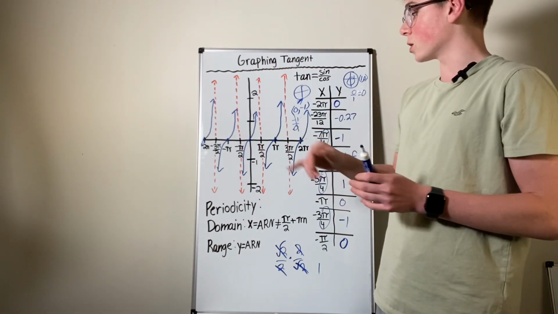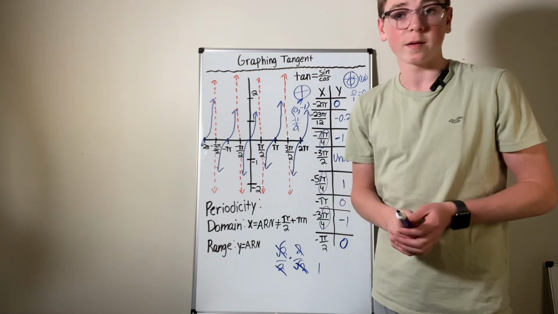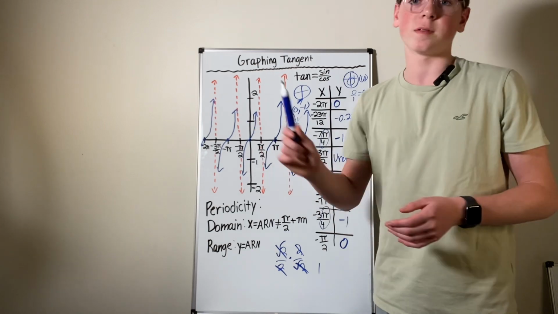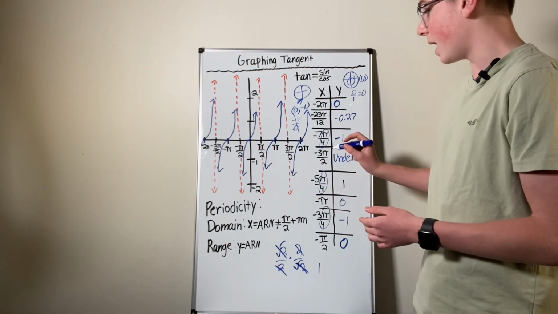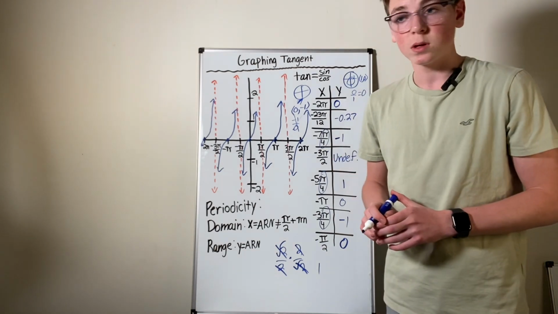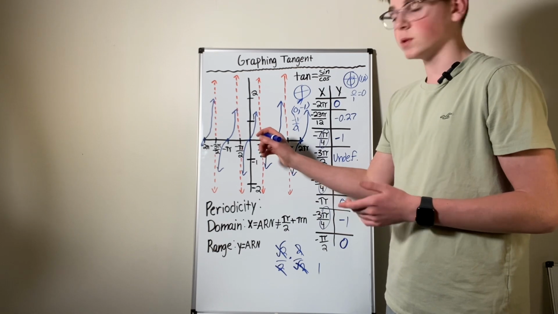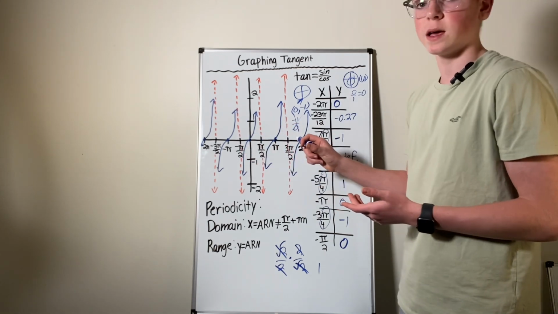Here, with our tangent curve, pi over 2 is an asymptote, then 3 pi over 2 is an asymptote, negative pi over 2 is an asymptote, negative 3 pi over 2 is an asymptote. So what I see here is that every pi, we have an asymptote, and it repeats itself. Like 0 here is 0, so this is 0, 0. Then there's pi, comma 0, 2 pi, comma 0.